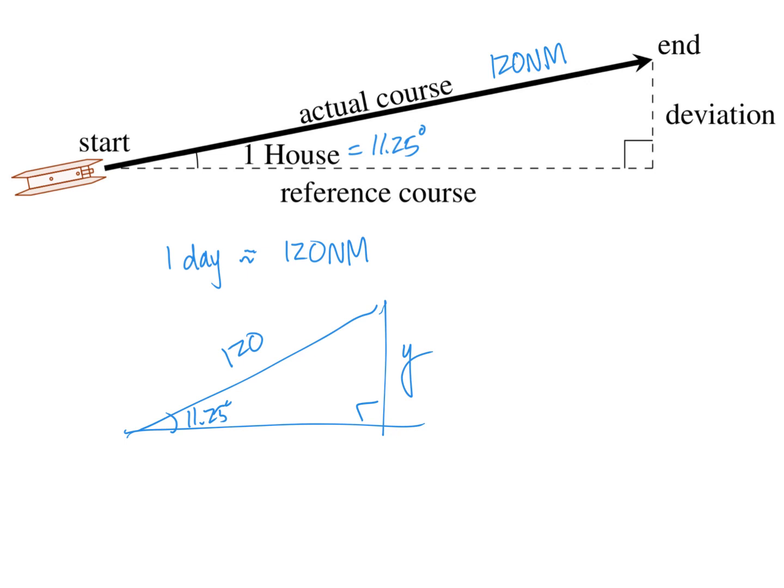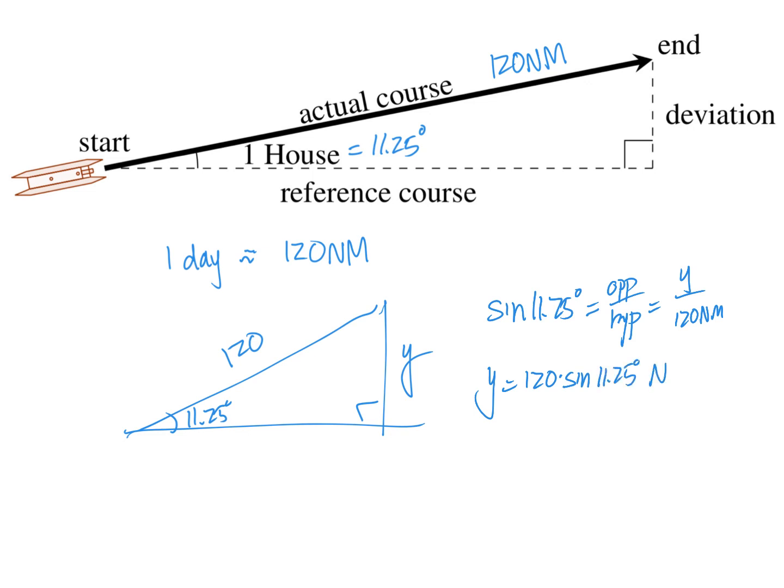The trig function that relates our angle, the opposite side, and the hypotenuse is sine. Sine of 11.25 degrees is opposite over hypotenuse. In this case, opposite is y, and hypotenuse is 120 nautical miles. Multiplying both sides by 120, we get y is equal to 120 times sine of 11.25 degrees, and our units would be nautical miles.